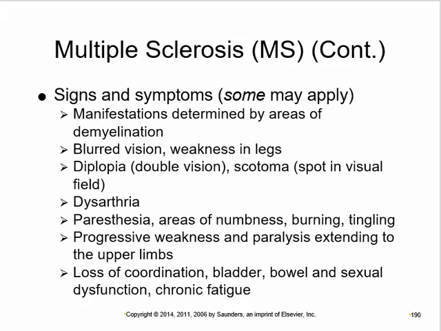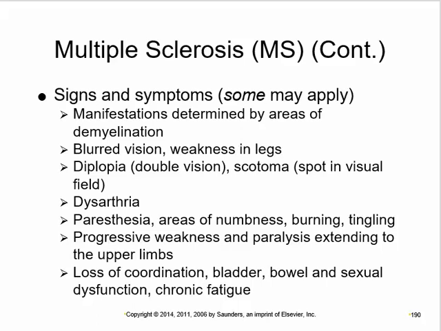The signals are going to get there at different times and the eyeballs are not going to move together, so you're going to end up with diplopia. This is important because oftentimes this is the thing that drives people to seek medical attention.